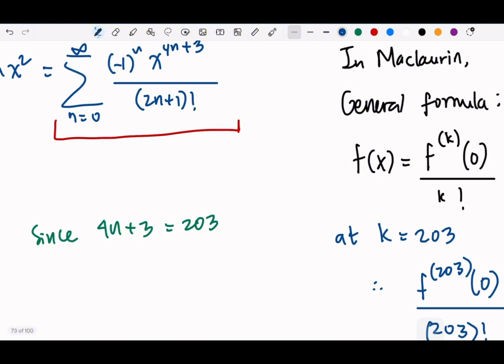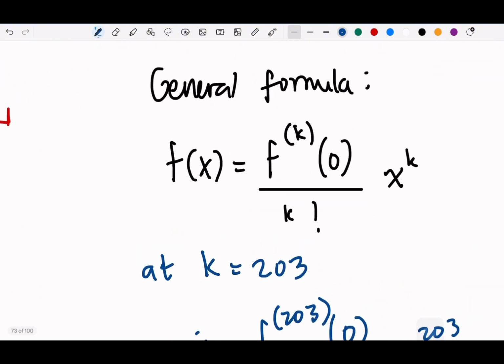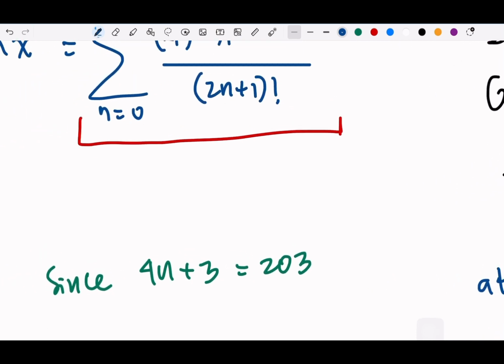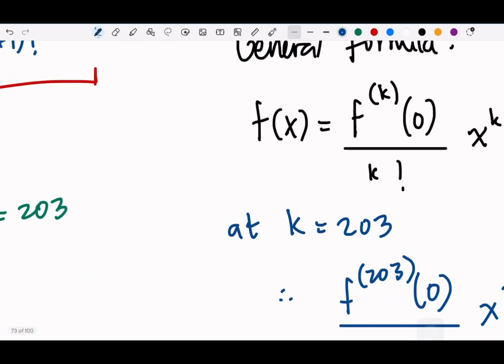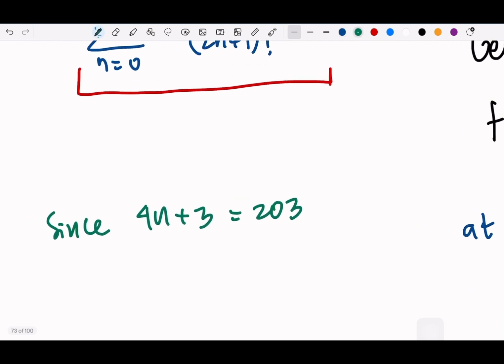Now n, I will refer to our formulation here, and k is the original formula. So I will make 4n plus 3 equal to 203. So we get n is 50.